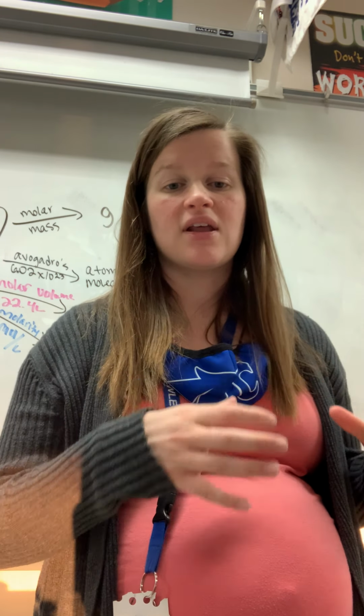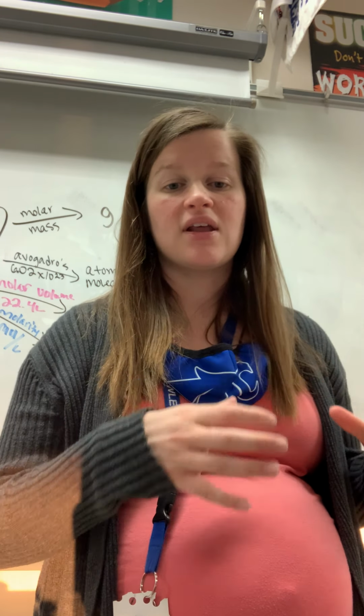Molarity is represented by a big M, which is equal to moles per liter. So if I had a 5 molar solution, that means I have 5 moles in every single liter. Do I have to have a liter of the substance?